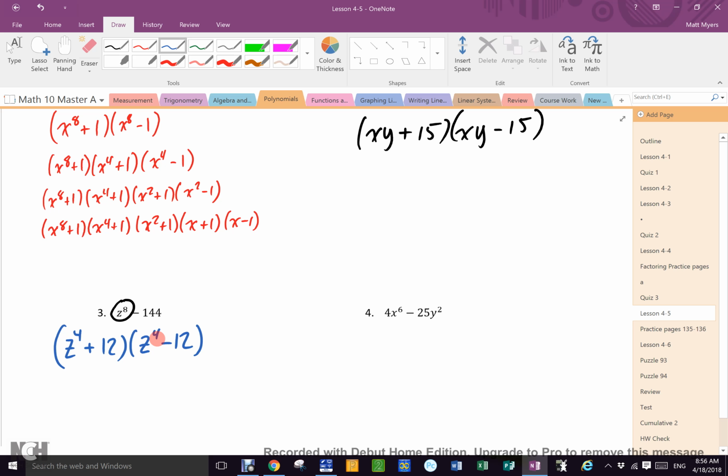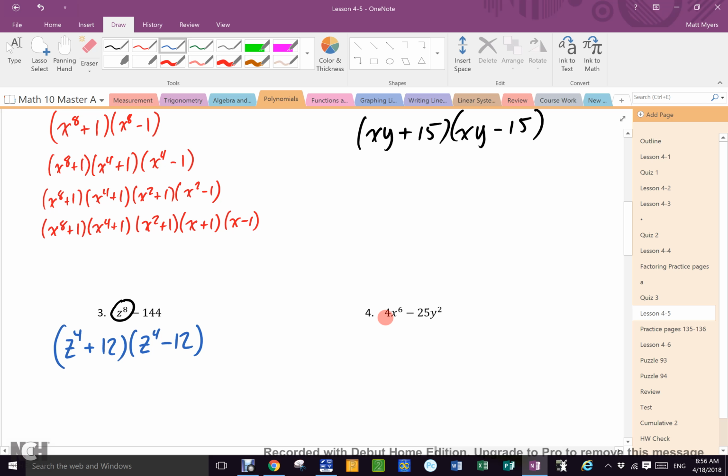Everybody good? All right, now we're going to get to the second hardest kind you can have. This is only the second hardest. Look closely here. Is this a perfect square? Yeah. Why?